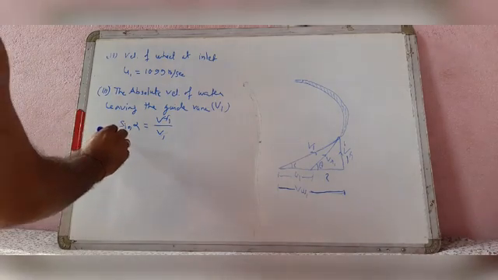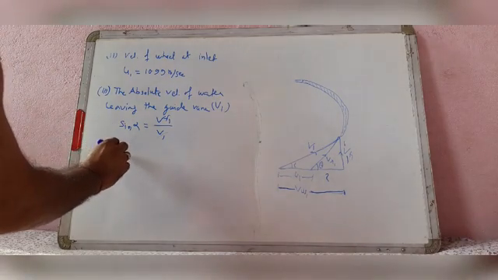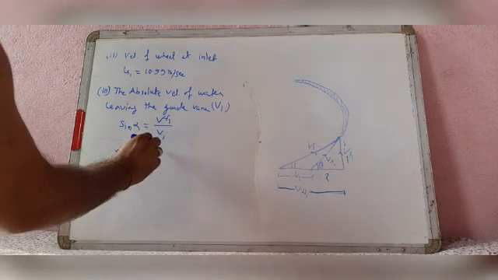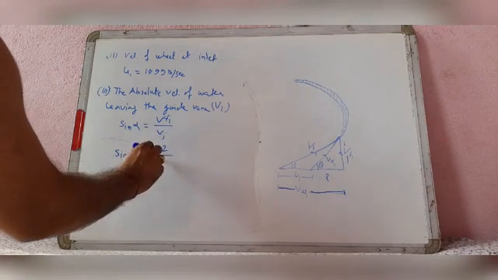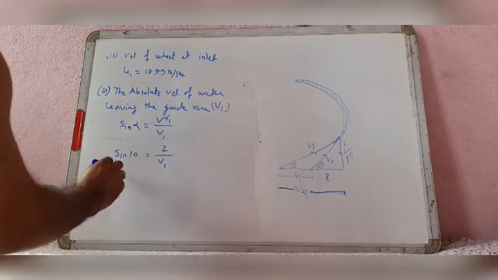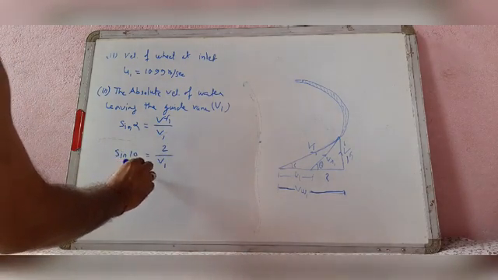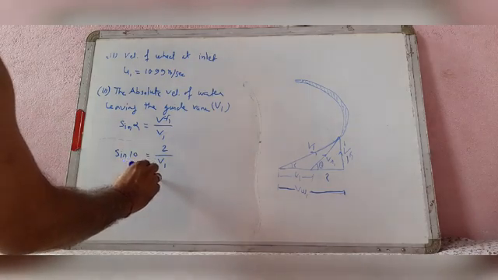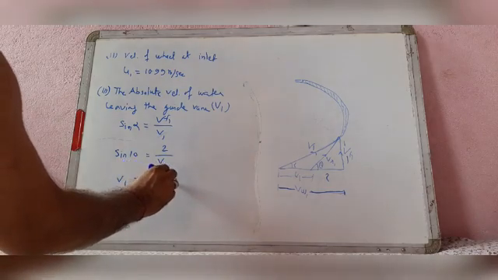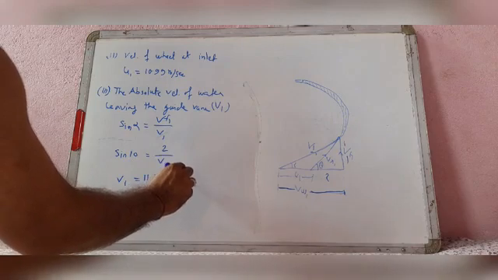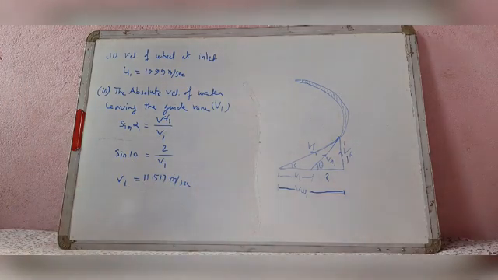So this is sin 10 and VF1 is 2 by V1. So the value of V1 comes 11.517 meter per second. Now next we have to calculate the relative velocity of water entering the runner blade.